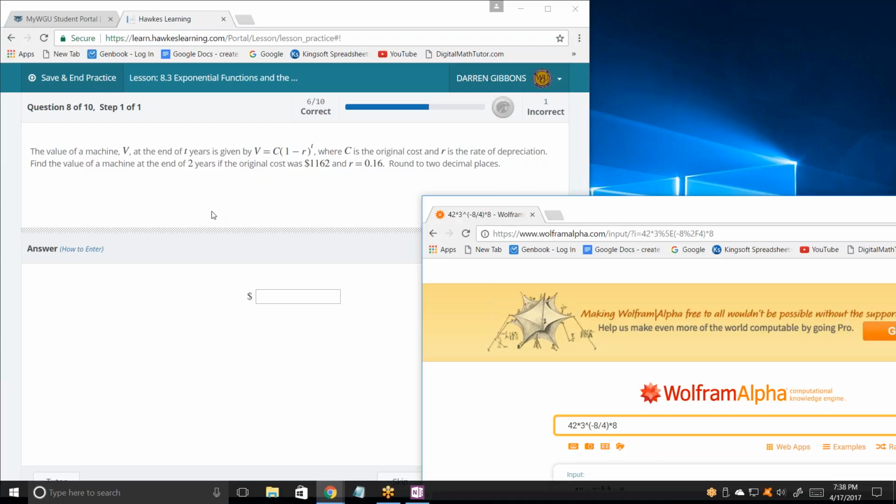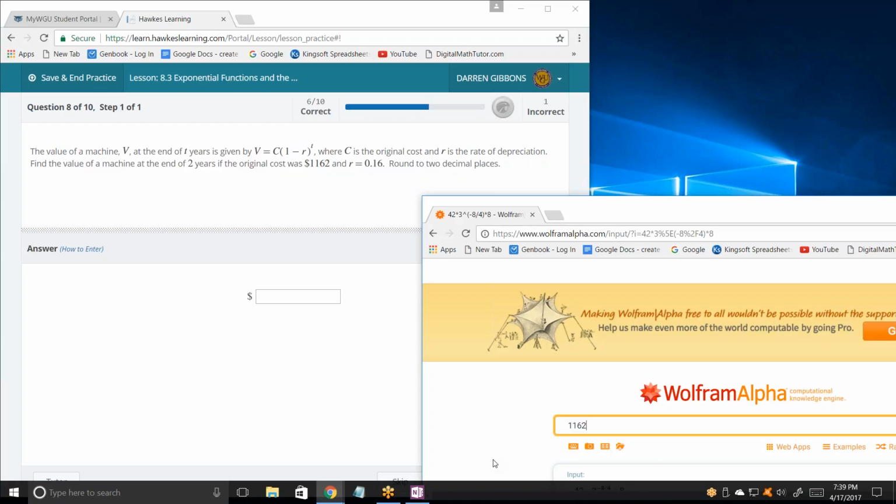Hold on. It's not times 2. It's times 1 minus R. What's 1 minus R? 0.84. Correct. That's what you're taking to the second power. In other words, T is 2. R is 0.16.